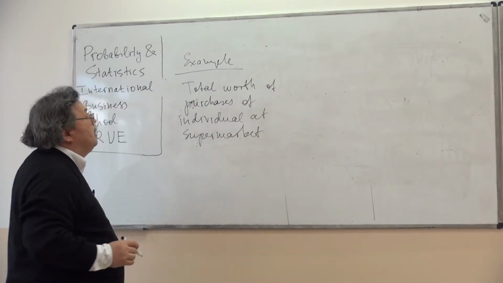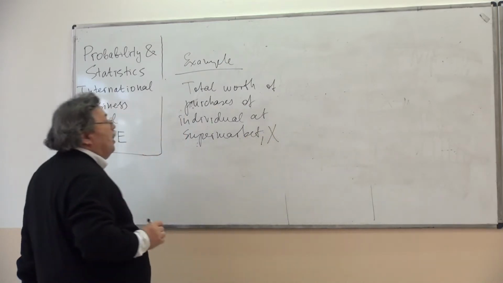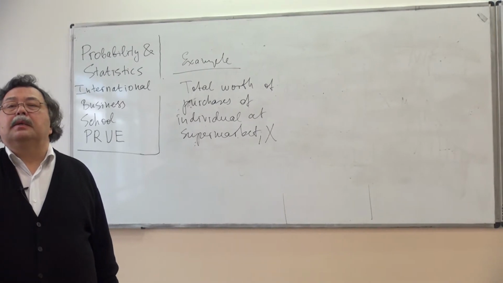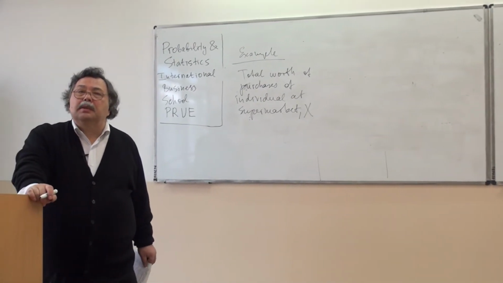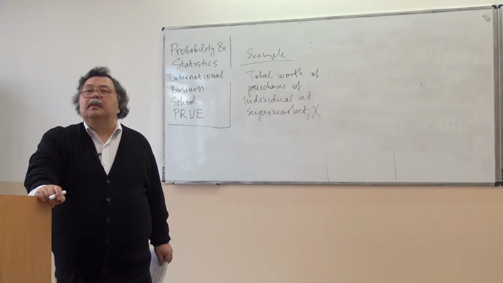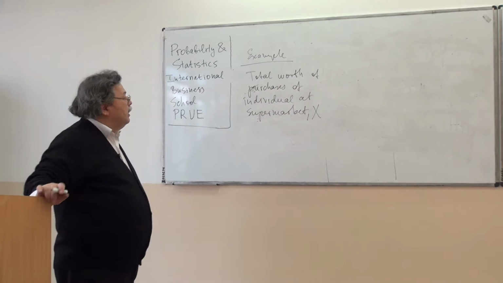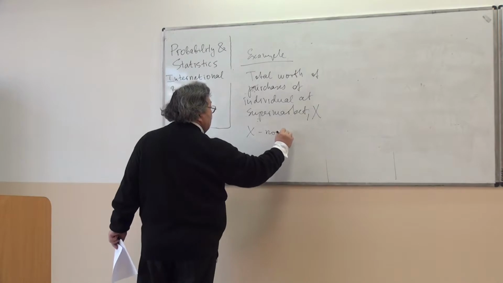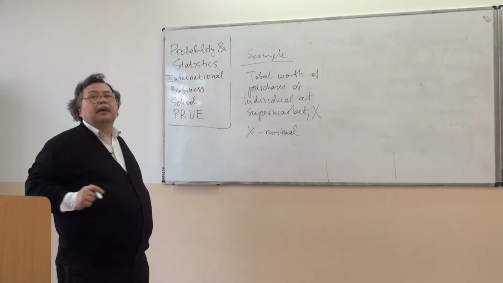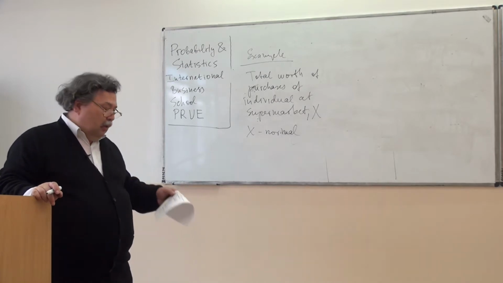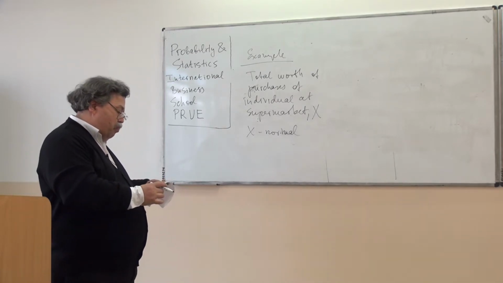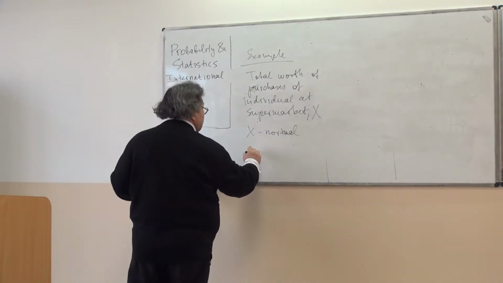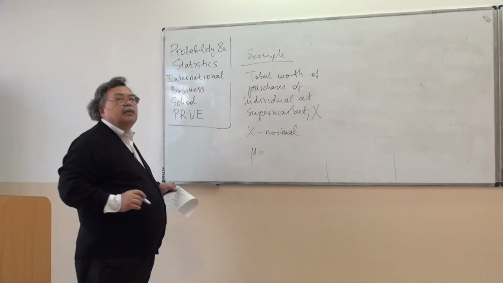Let's denote it by X. Well, suppose your findings are, first, that a normal law can reasonably be applied here. So X is normal. This is your finding, or maybe it's your assumption. Also, after some field work, you find these estimates for mu and sigma.